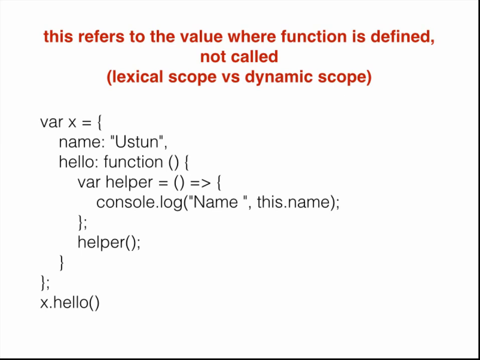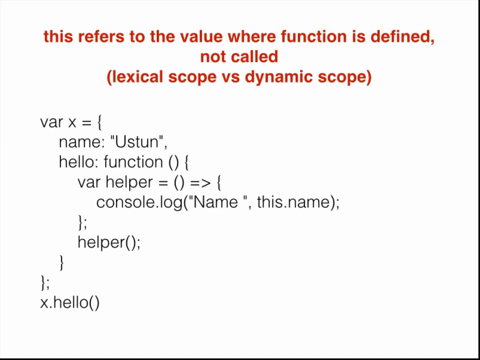I call helper on its own. For example, here I call hello not on its own. I call x.hello. The moment I say x.hello, within hello, this is bound to x. But here I'm not saying x.helper. Yeah, that's the global one. So here, this will refer to global.